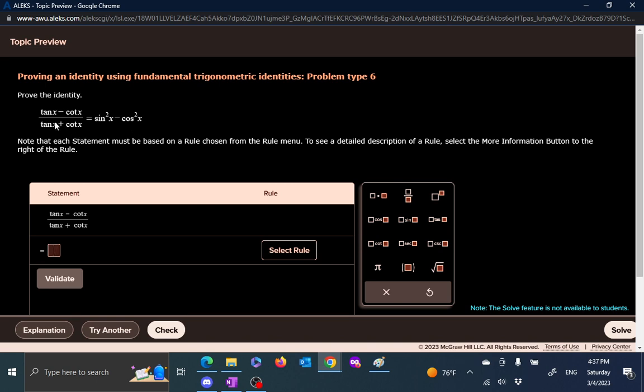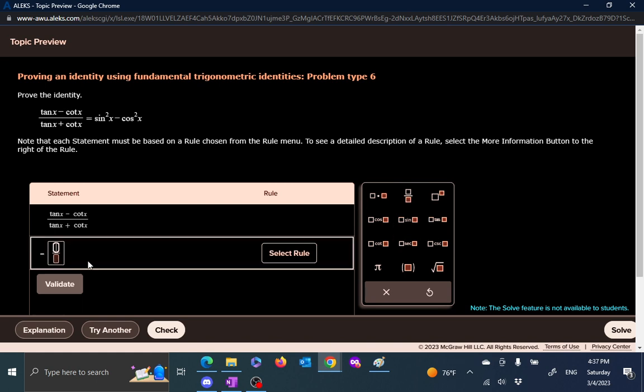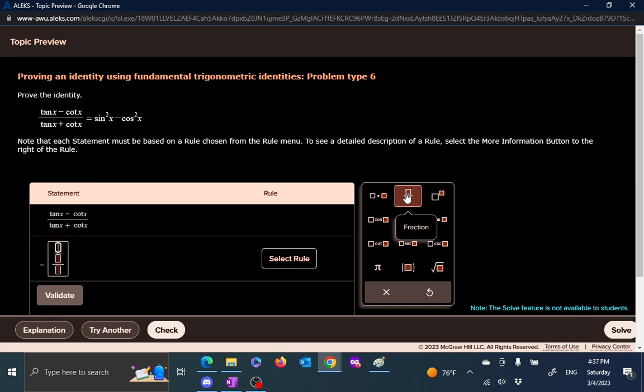So one thing we can think of doing is to convert left hand side to sine and cosine individually. That means using the quotient identities. So here I go ahead, make a fraction. In the numerator, I make another fraction.